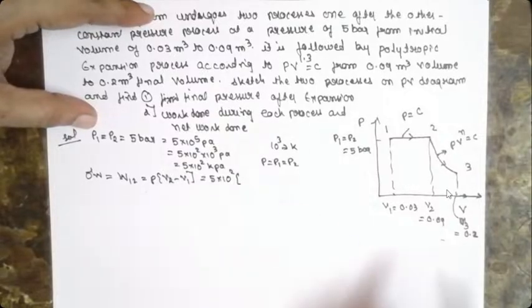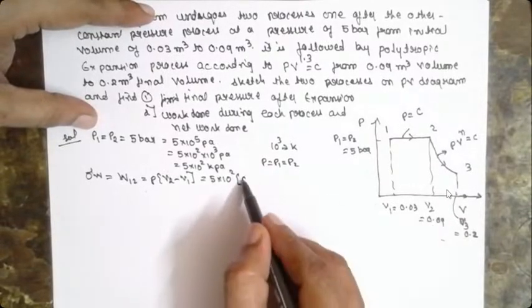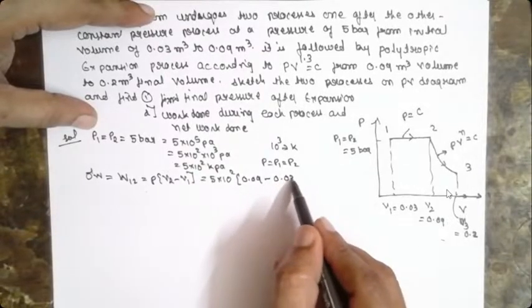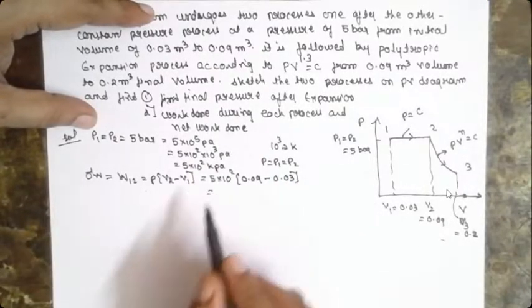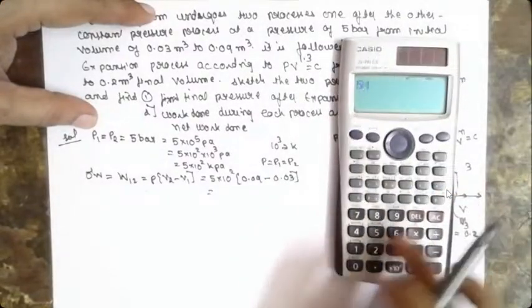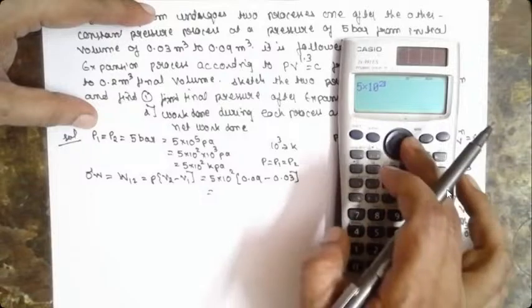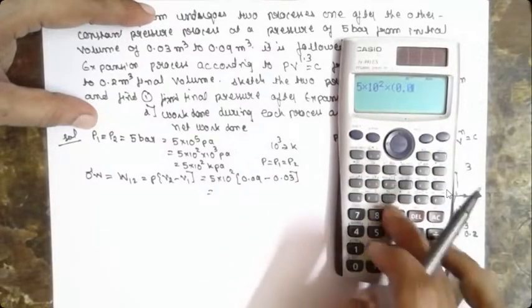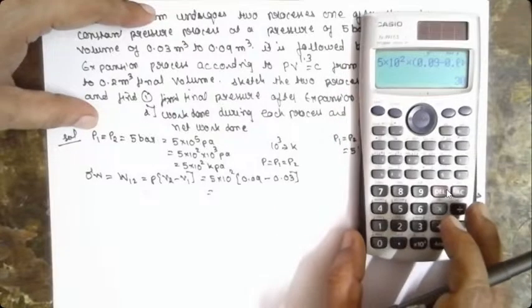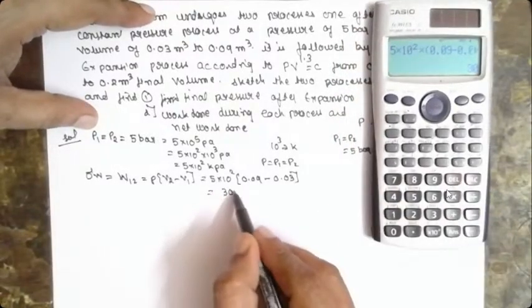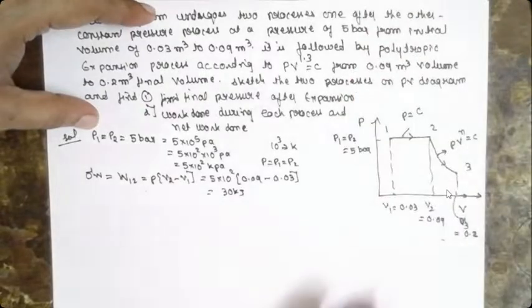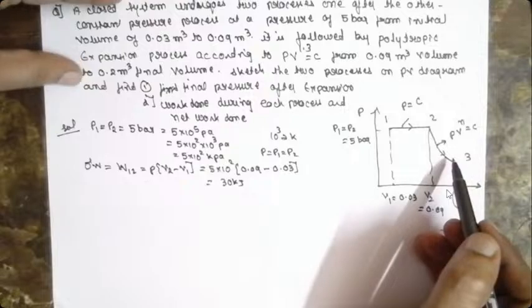The volume V2 is 0.09 minus V1 value 0.03. If you calculate, 5 into 10 raised to 2 into 0.09 minus 0.03, answer is 30 kilojoule.